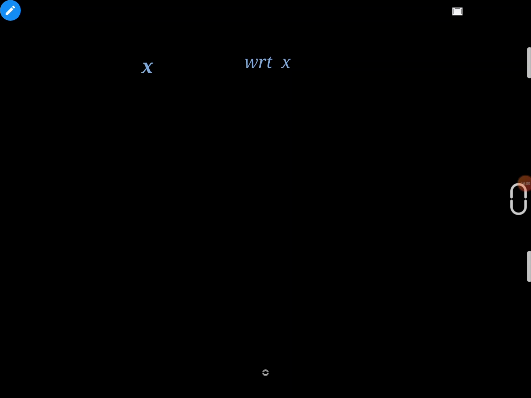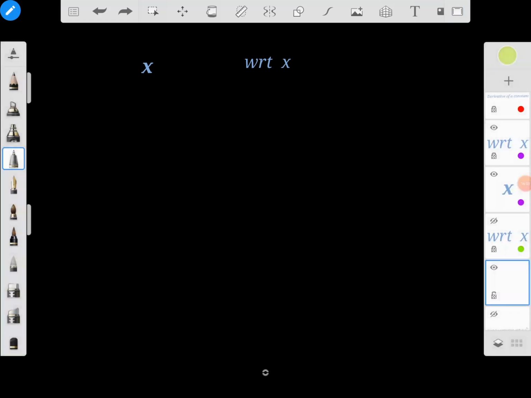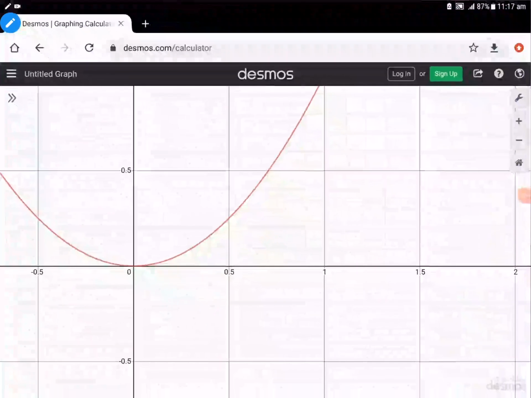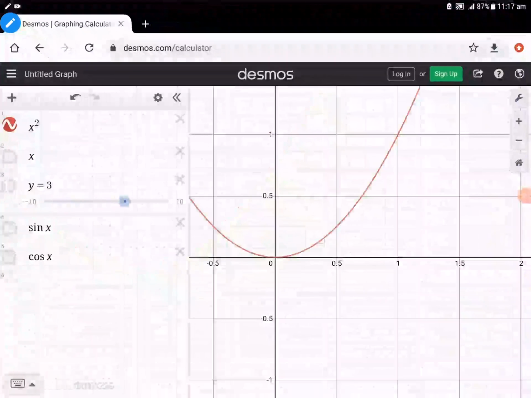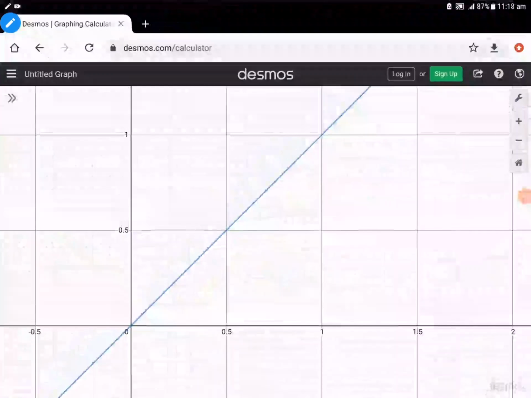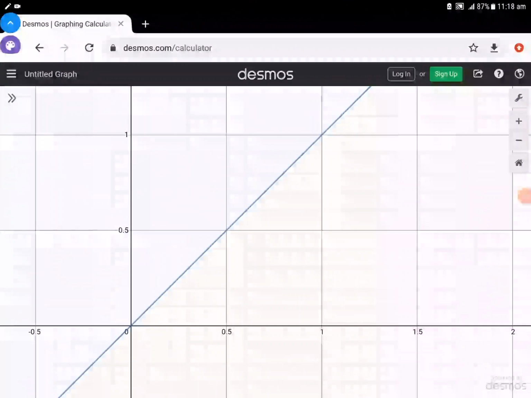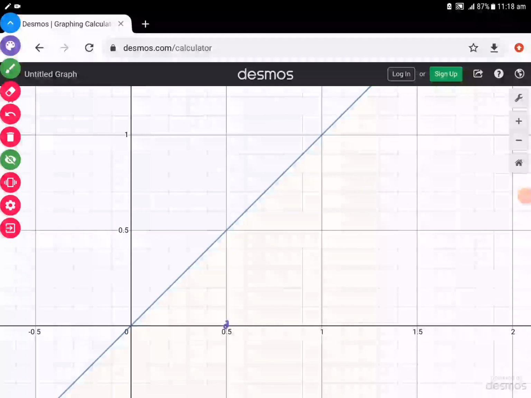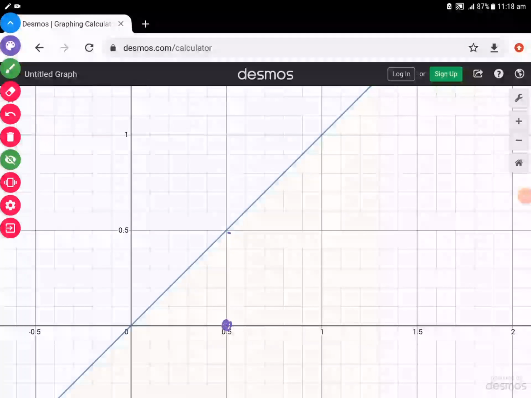Before I show you through the formula, let us take a look at the graph again. So y is equal to x, or f of x is equal to x, and the graph is this. When x is 0.5, y is also 0.5.